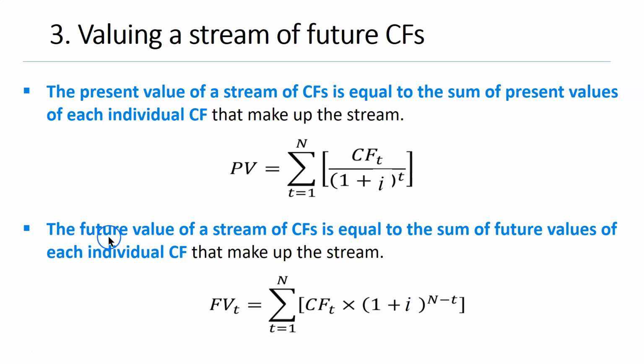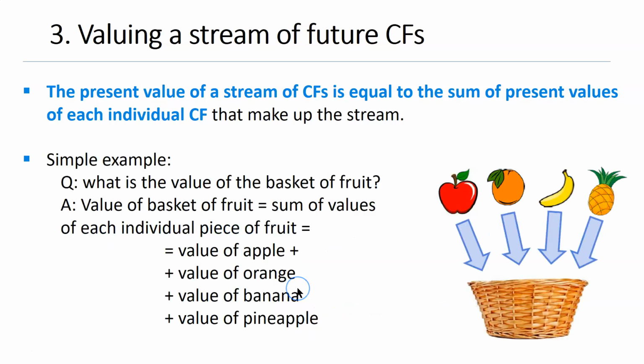And similarly, the future value of a stream of cash flows is simply equal to the sum of future values of each individual cash flow in this stream. Similarly, we simply take an individual payment, apply the appropriate compounding factor, and add up these payments. Now, to make it easier for you to understand, let's translate these formulas, this mathematical language, into a simple, easy to understand illustration.